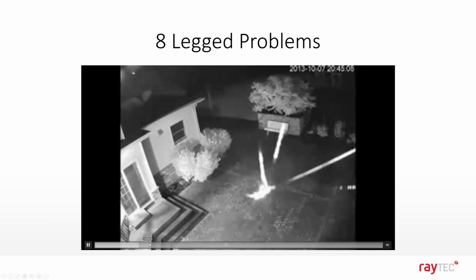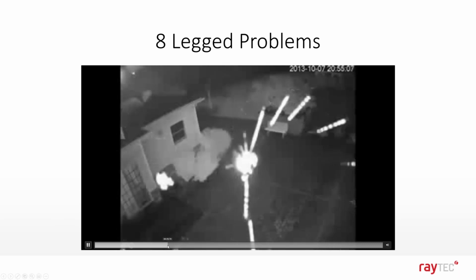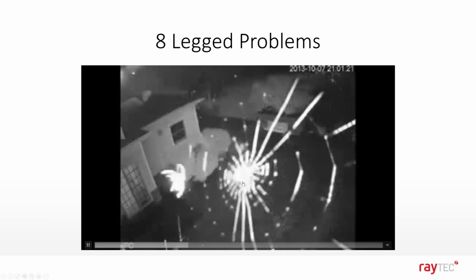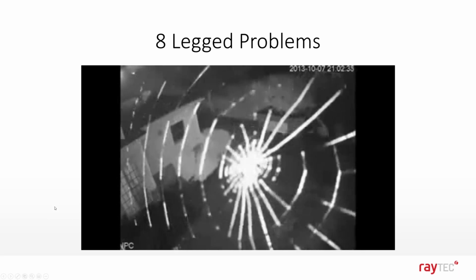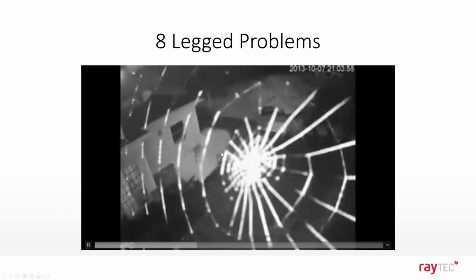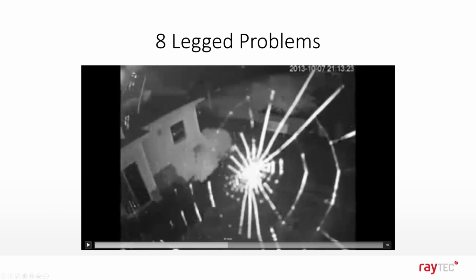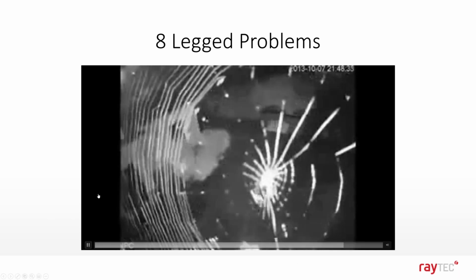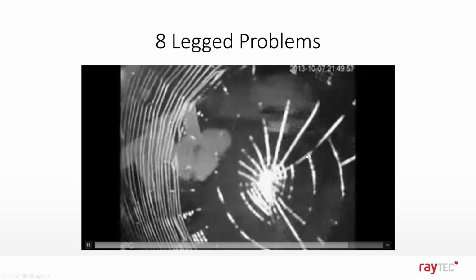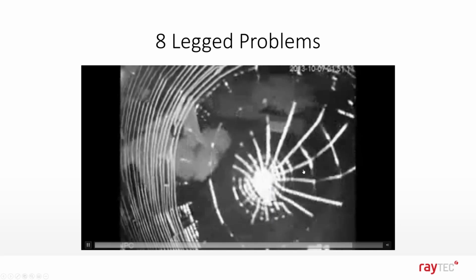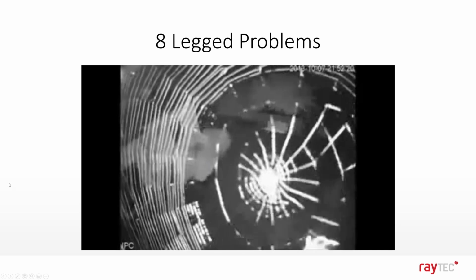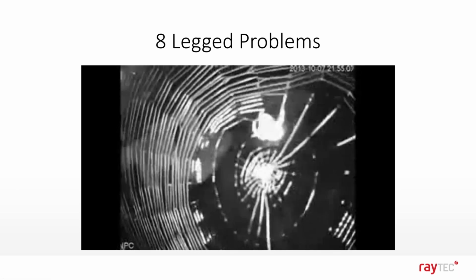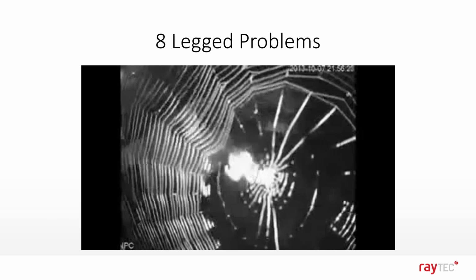It's a long video, so I'll fast forward it a bit, but we can see that a spider has started to build his web over the camera lens because it's warm. It's a great environment for him. Gradually it covers the whole image, so you're going to get absolutely zero picture. We can see the spider's overexposed from the lighting. And if you're using any kind of analytics with that, it's just going to give alarm after alarm, false alarm, all that kind of stuff.